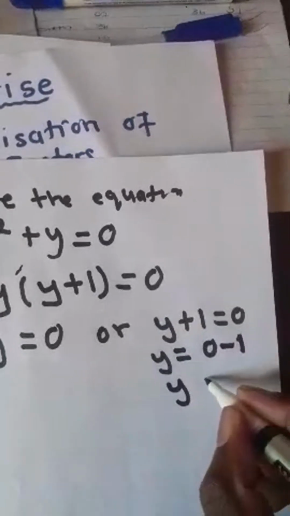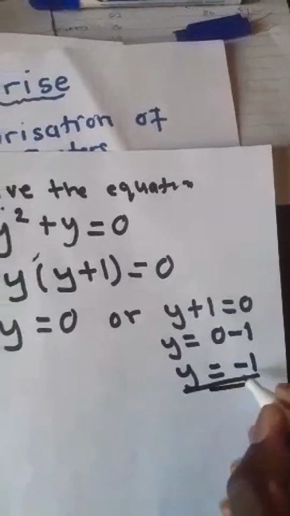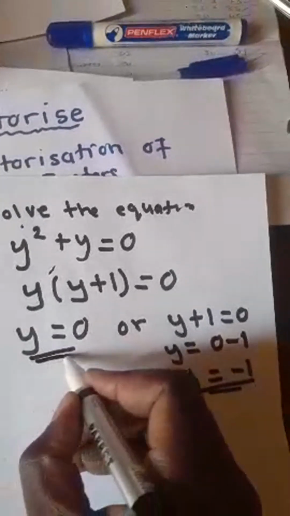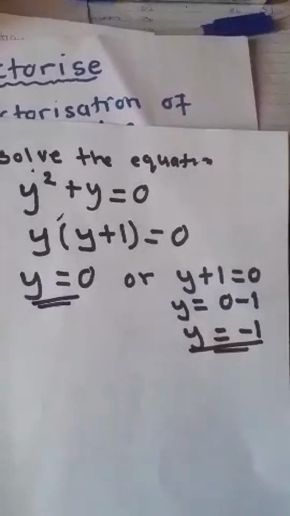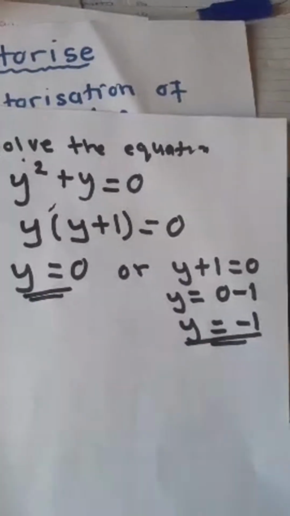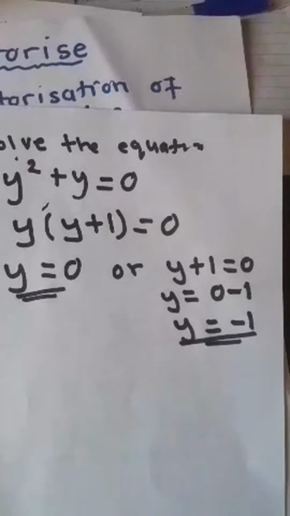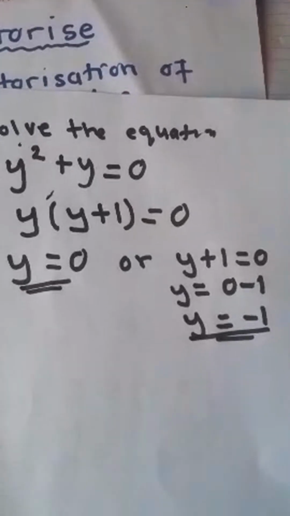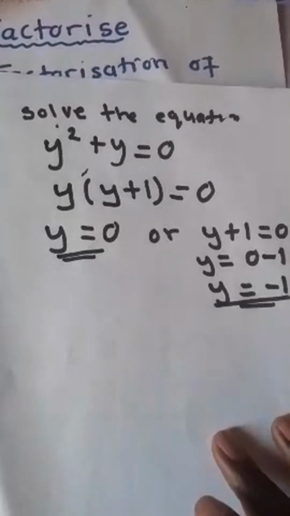So answer will be y is equals to negative 1. So these are the two possible values of y. It's either y is equals to 0 or y is equals to negative 1. Any questions on this one?